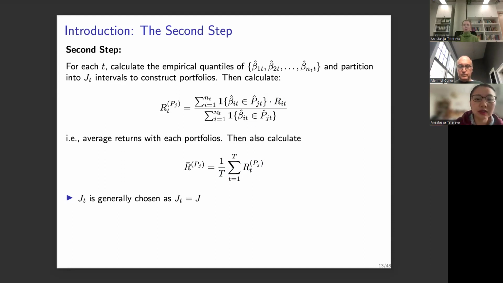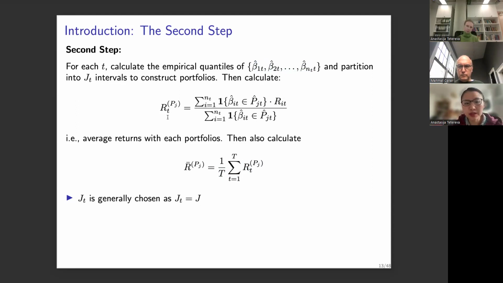Okay, so one note is that because at each time point T you are doing a sorting, the number of stocks, or the index of stocks, that enter the high beta group would be different for each time.